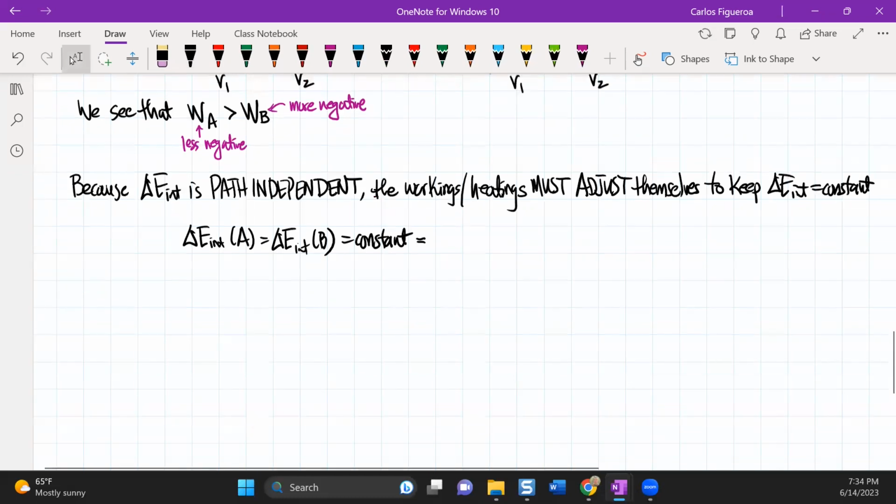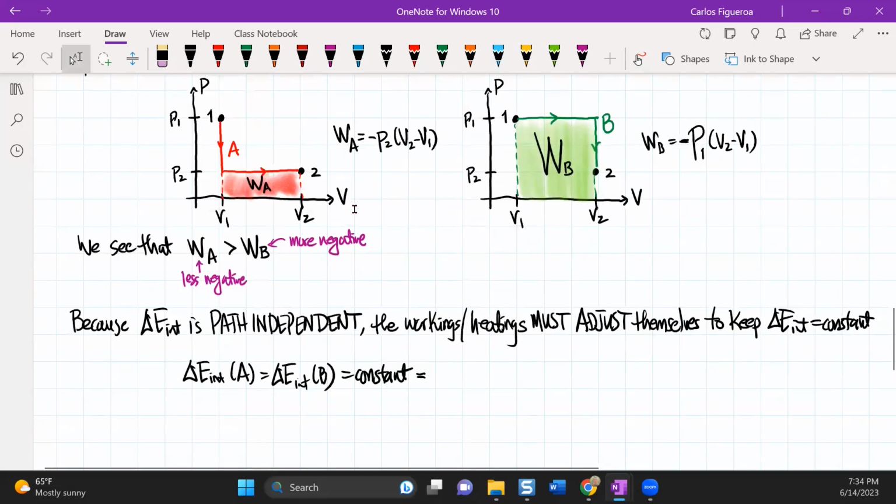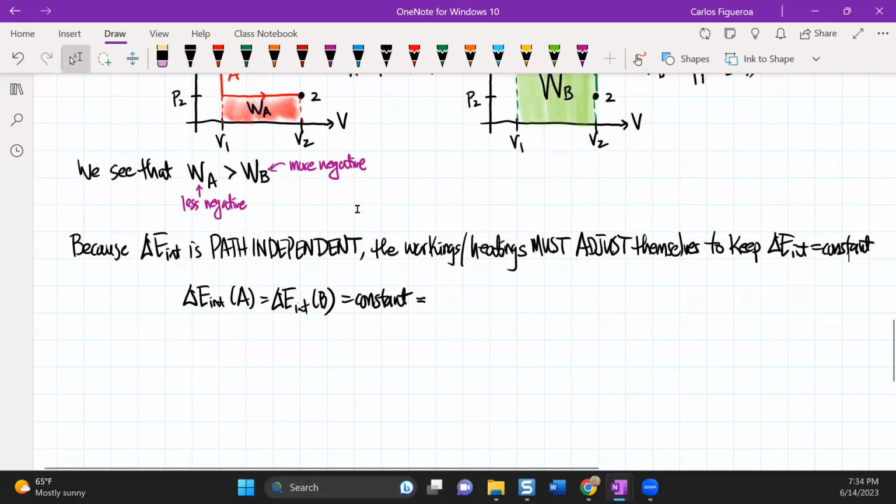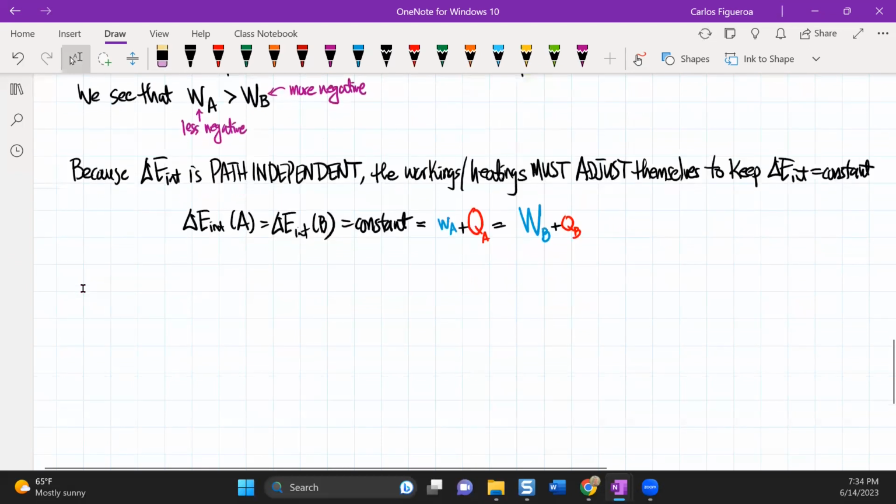So look at the areas. Look what happens here. If I have a small area versus a big area, then the heatings have to be different in order to keep that quantity fixed. So in summary, we can apply the same idea that we did before.